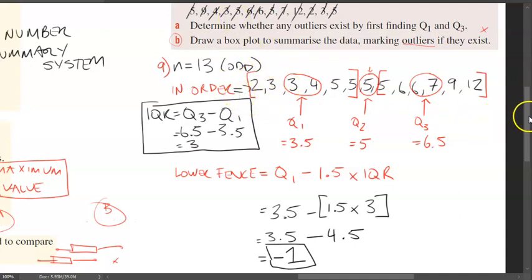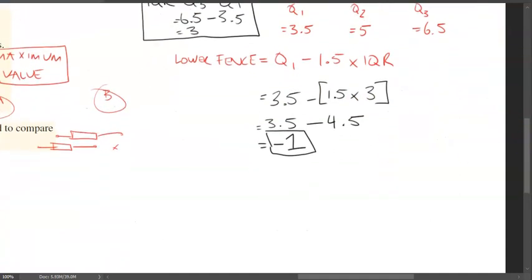But what about our upper fence? Let's work out our upper fence, and find out once and for all if that 12 is considered an outlier. Our upper fence is Q3 plus, because we're going higher now, 1.5 times the interquartile range. Straightforward substitution.